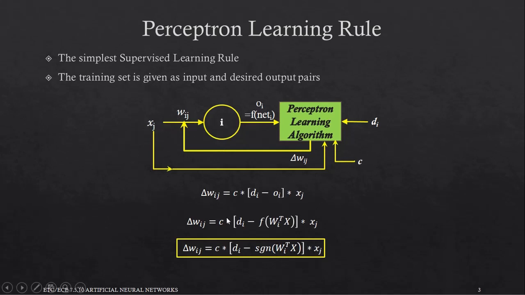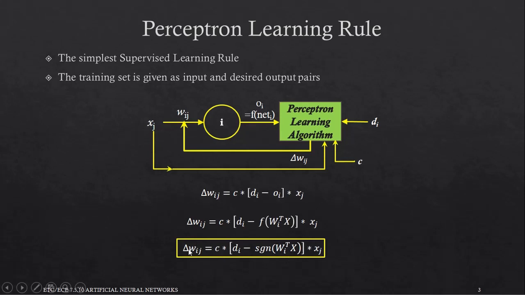Note that the perceptron learning rule is applicable to only binary neurons, that is the signum activation function. Therefore, we can write this expression as delta Wij equals C into (Di minus signum Wi transpose X) into Xj. And that is the mathematical equation for the perceptron learning rule.